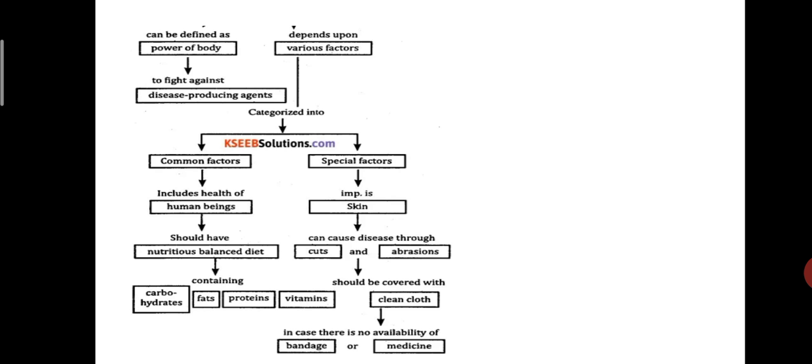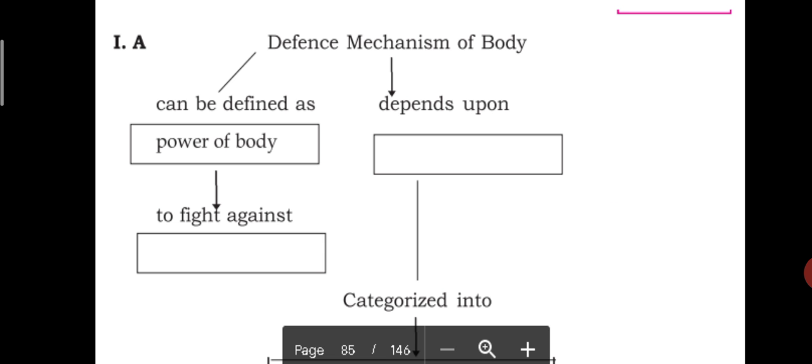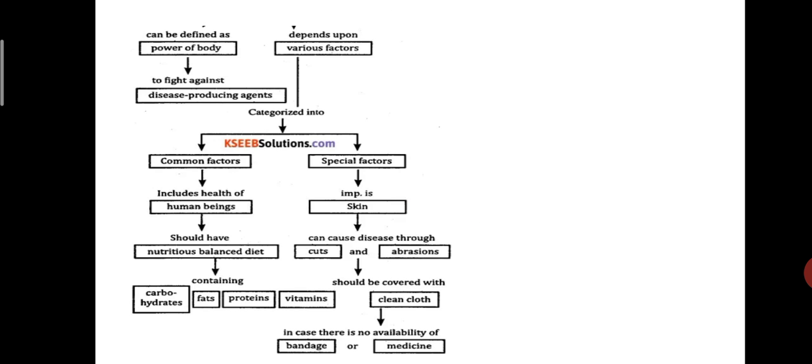So the question was defense mechanism of body, something is cut out here, can be defined as power of body and depends upon various factors to fight against disease producing agents and categorized into common factors and special factors. Common factors include health of human beings, should have nutritious balanced diet containing carbohydrates, fats, proteins, vitamins.